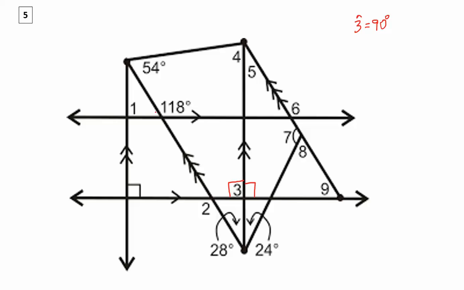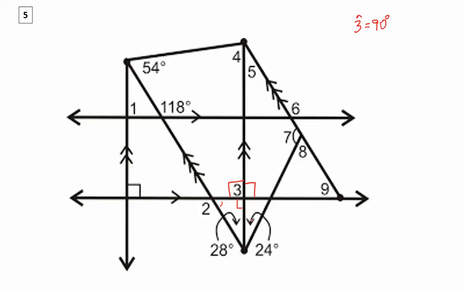Let's now have a very careful look at this angle here. This can help us to find angle 2. If this is 90, we know it is because it's on a straight line. There's a 90 in there. And this is 28. I'm going to open up my calculator here quickly. And 90 and 28 is 118 degrees.